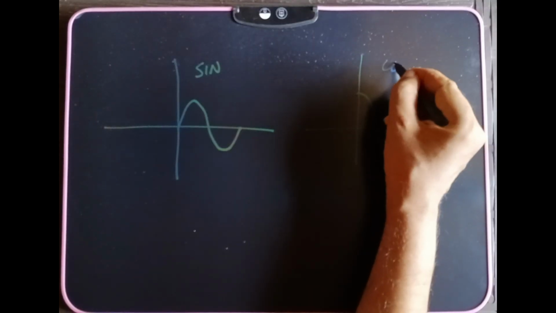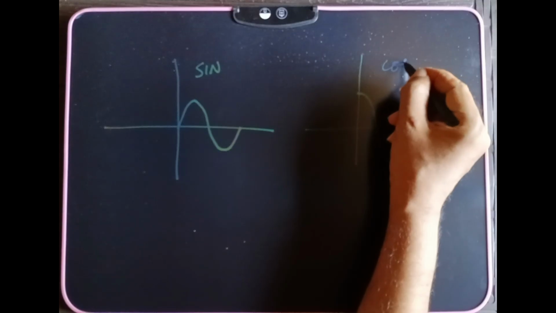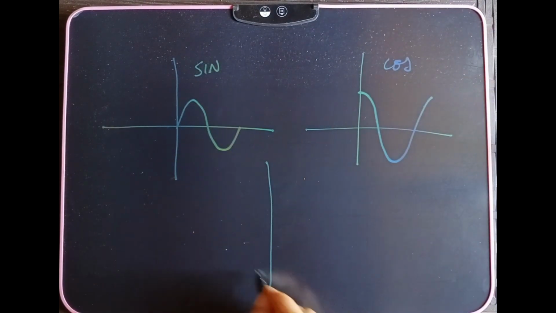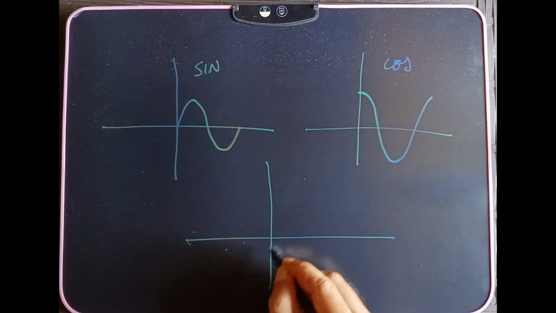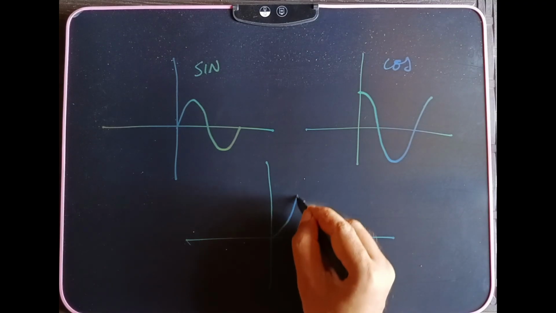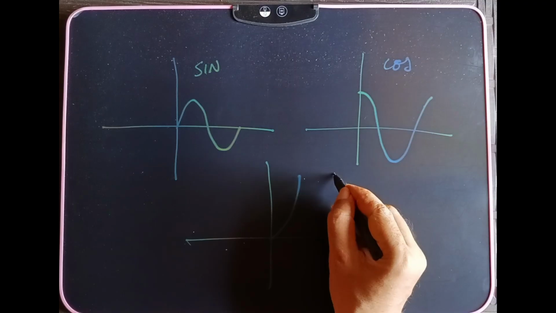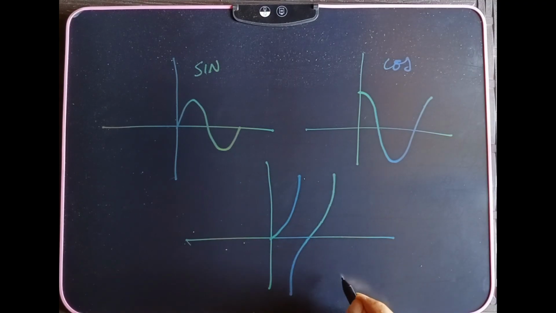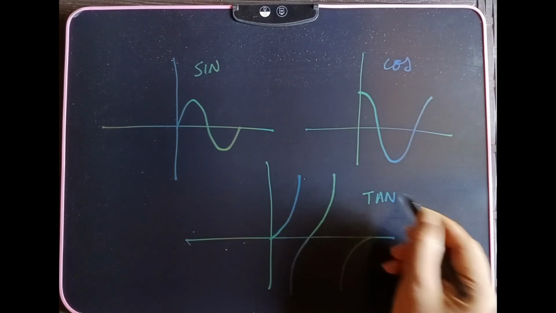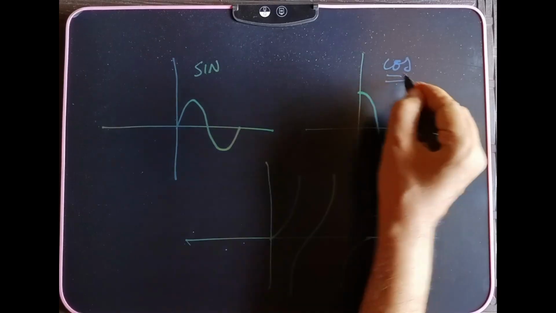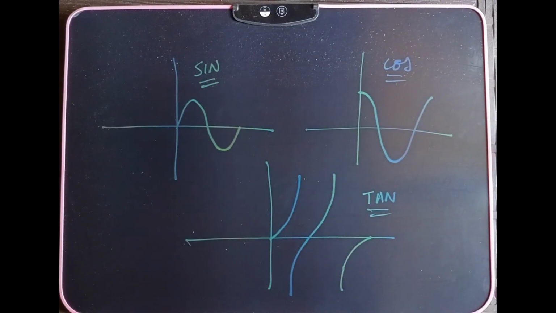This is the cos graph, and the tan graph, an unusual graph, right? This is the tan graph. Tan, cos, sine, these are the graphs we have seen in this particular session.